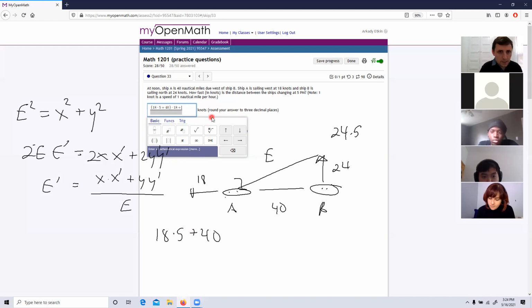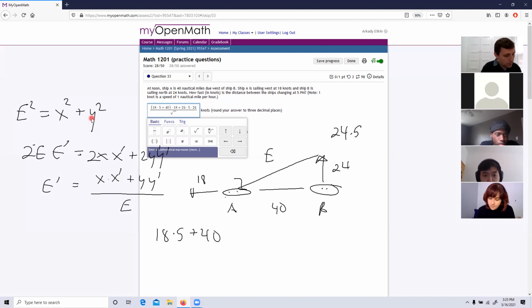Plus y is 24 times 5, times y prime, which is 24. Okay, and that entire thing is divided by the square root of e, which is x squared plus y squared.